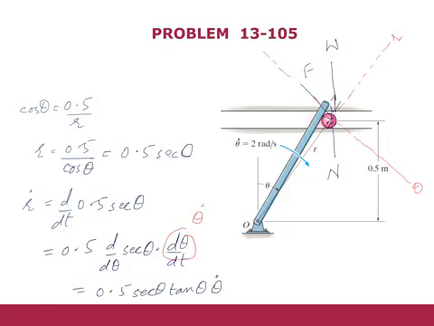Now we will calculate r double dot, and you will get the answer. In this way we have calculated r dot and r double dot. Now we will calculate theta dot and theta double dot to calculate the radial and transverse components of the acceleration.